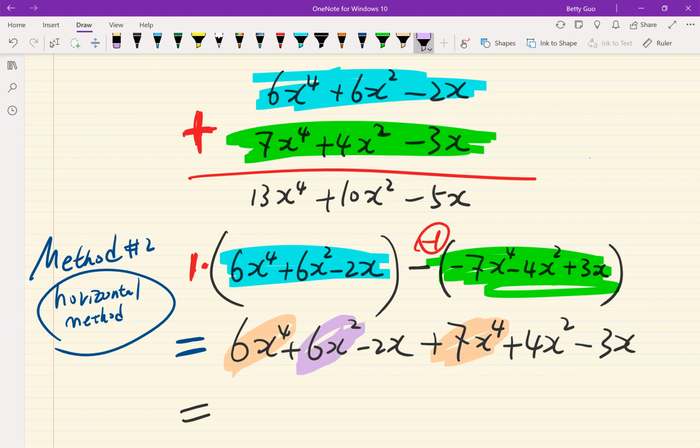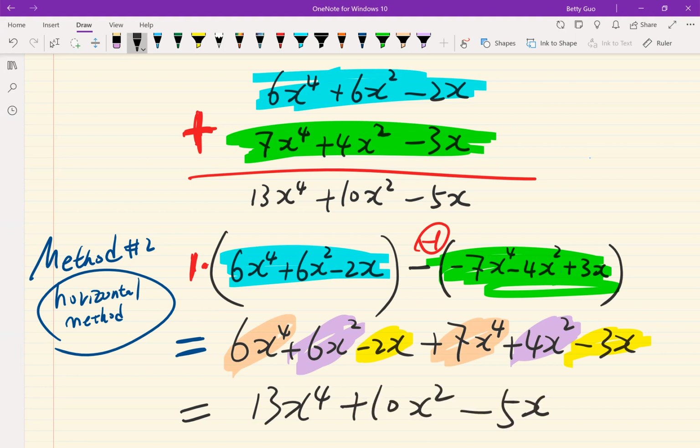Orange, orange, like terms. Purple, purple, like terms. Yellow, yellow, like terms, right? Orange, orange, you have 13. Purple, purple, you have 10. Yellow, yellow, you have 95. That's the horizontal method. So for subtraction, we also have two methods, vertical and horizontal.